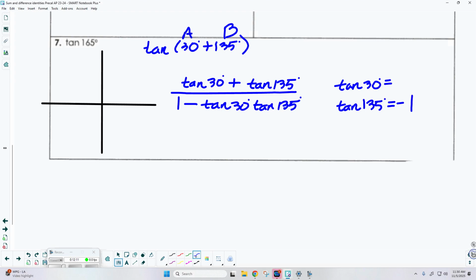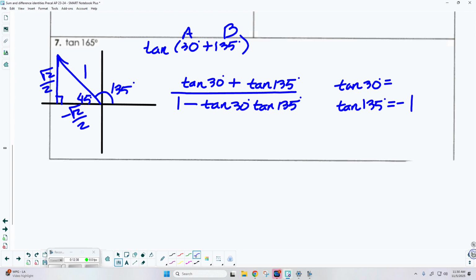Okay. Now, let's say you're having a little trouble figuring out where I got that. Remember, you can go ahead and draw the picture. So here is the 135 degree angle. I'm going to use that to create a right triangle. The reference angle is 45. Okay. So remember, just as I said, each leg is the square root of 2 over 2. But in the second quadrant, X is negative.